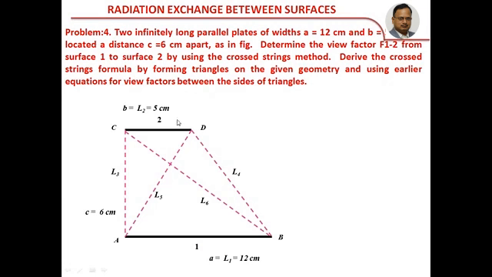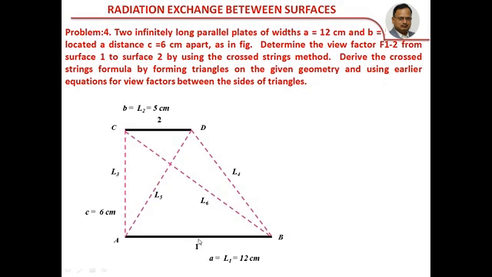You are asked to determine the view factor from 1 to 2, F1 to 2, by using cross string method. So connect the strings. Now you can see here, these are the diagonals L5, L6, and L4, L3 are connected sides.